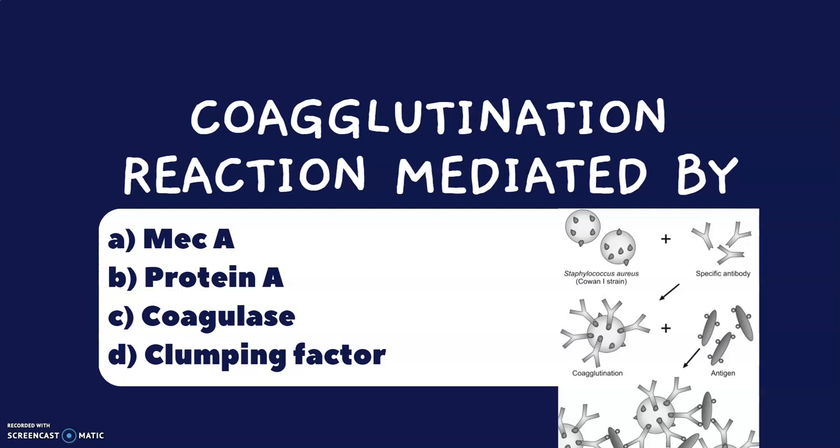Next question is, co-agglutination reaction is mediated by which of these? MecA, protein A, coagulase, or clumping factor? So this co-agglutination occurs with Staphylococcus aureus when a specific antibody binds. When it attaches with the specific antigen, there will be co-agglutination. So which of these is responsible for co-agglutination?